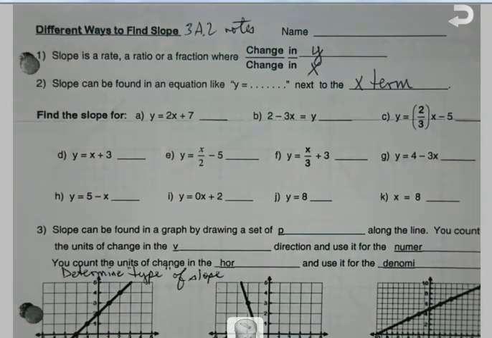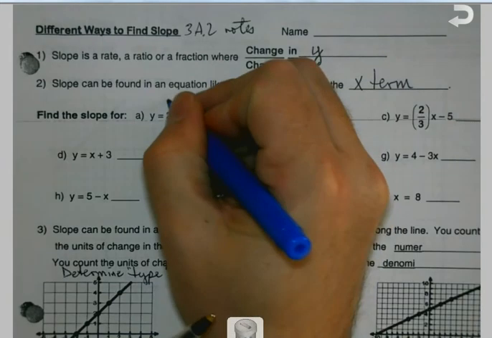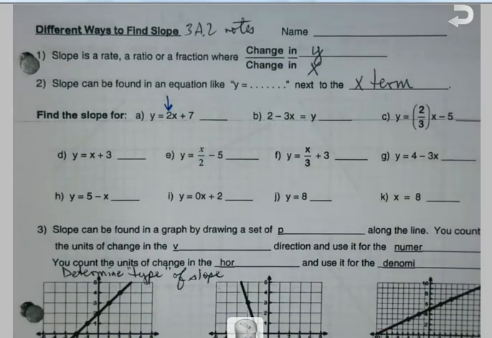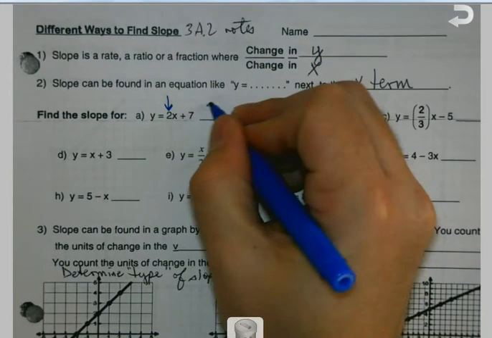So if it says 4x, it means the slope's 4. If it says the slope's negative 2/3, that's what my slope's going to be. So whenever I'm trying to find slope, all I got to do is find that number in front of x, and I'll have my slope.